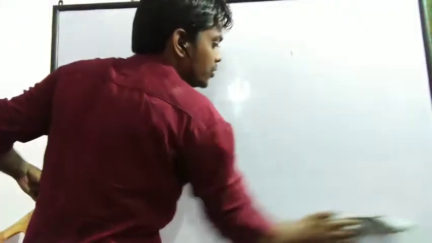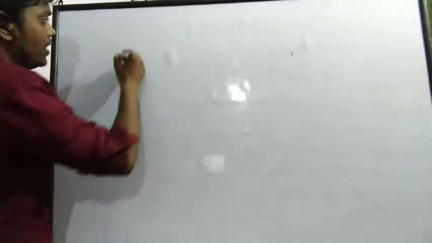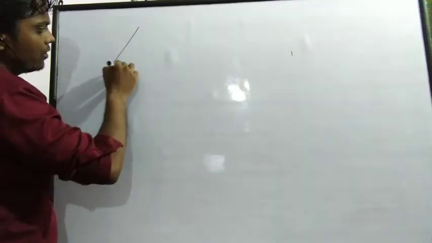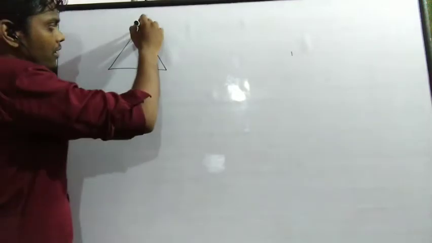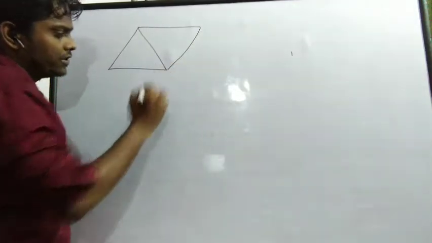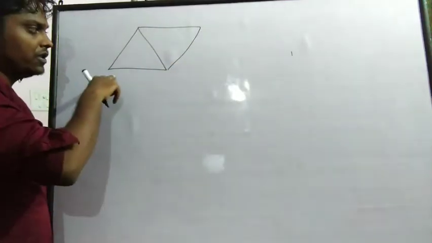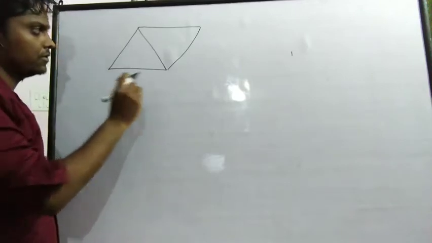How can we do this question? See, if we are making a triangle, okay, this one, see very carefully this formation.